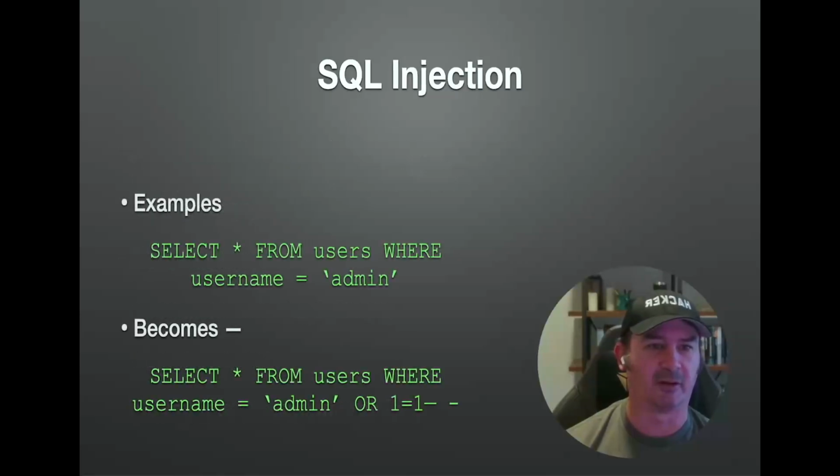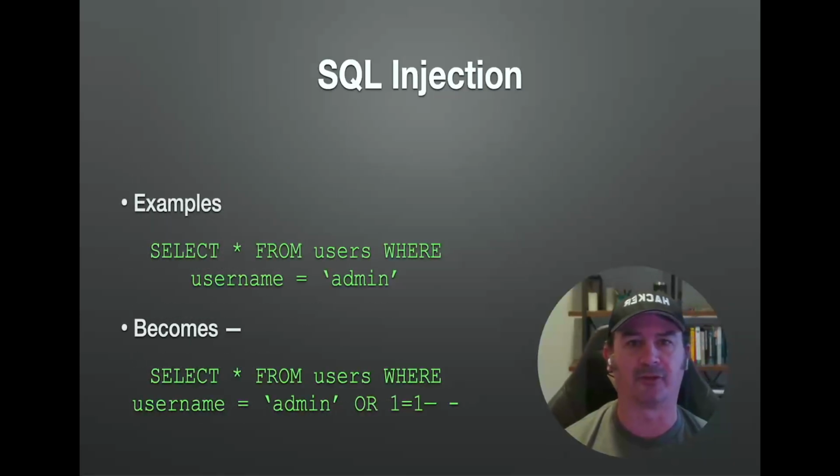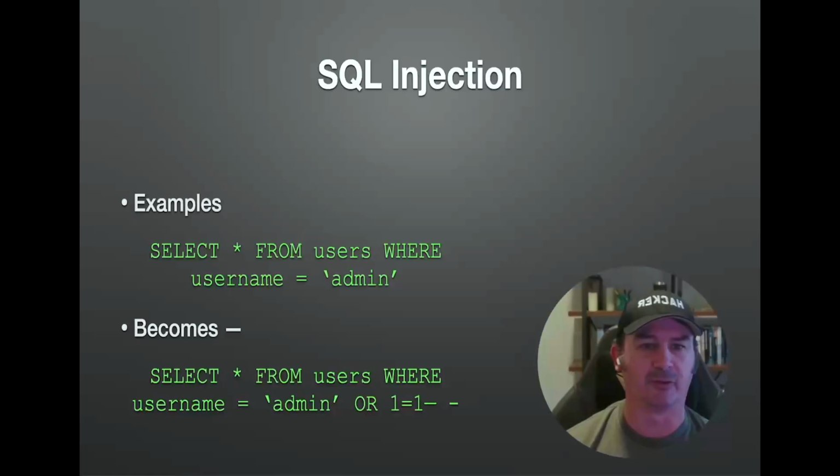Just to give a quick example, this top one here might be the normal query: select all from users where username equals admin. Well, if that admin part is built from user input, and the user input is concatenated directly into the query, there's potential that an attacker might be able to inject something like this.